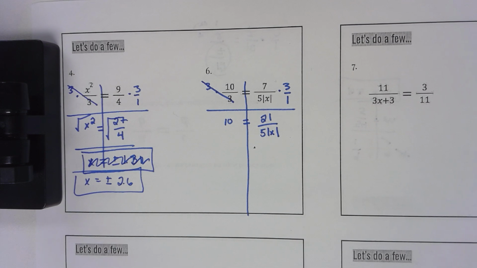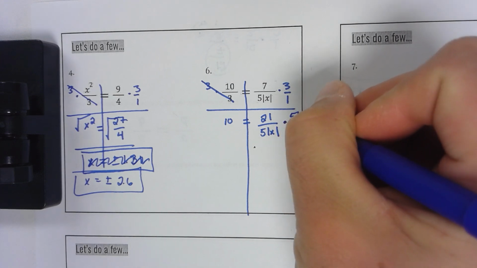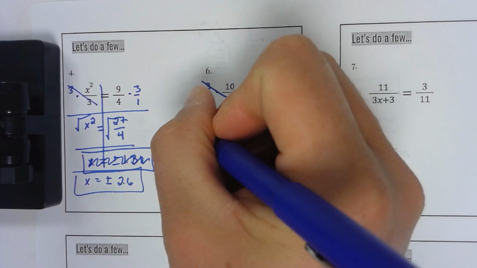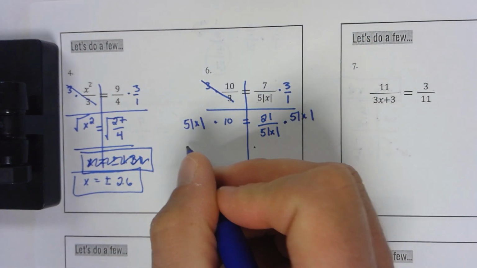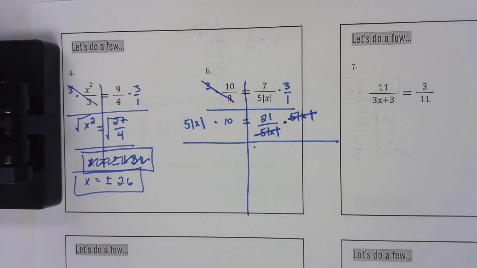That right side, if I were to read that out loud, that says 21 divided by 5 absolute value of x. So we're going to undo the dividing by the 5 absolute value of x by multiplying both sides by 5 absolute value of x.